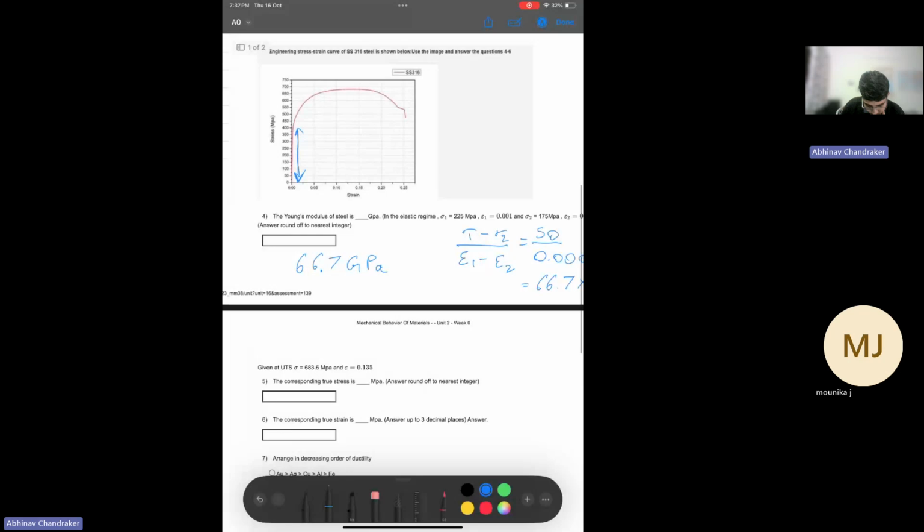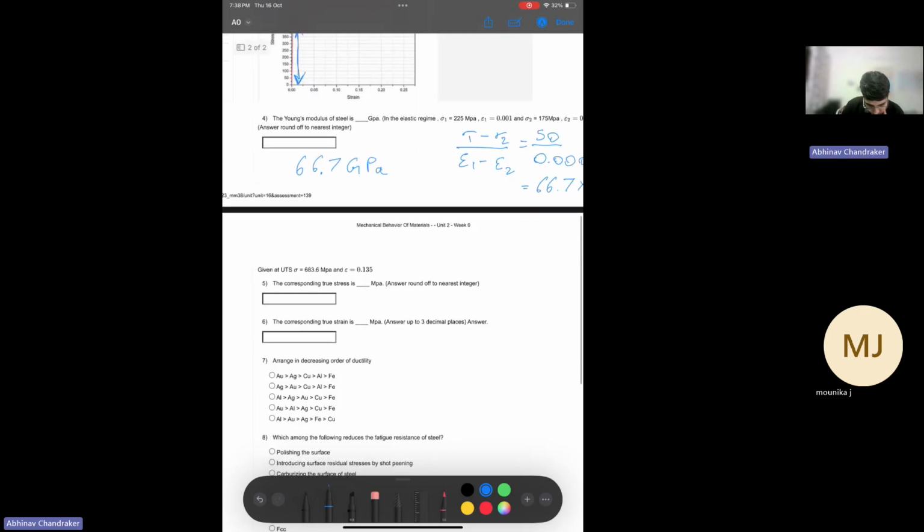Now, the corresponding true stress is asked for the UTS, and UTS and epsilon are given. So we know the formula for conversion of engineering stress to true stress. It was taught initially by the professor.